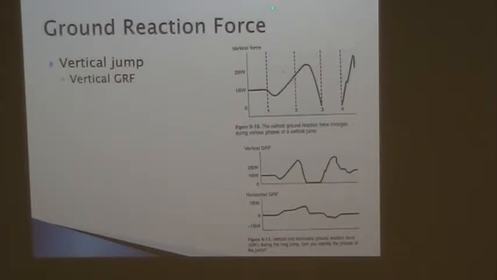And what you see happening there is that it slightly goes below one body weight. You decrease your body weight a little bit here as far as ground reaction force goes. This is the loading phase. Now, when you start to push upward, that's when you start to see the vertical ground reaction force increasing.